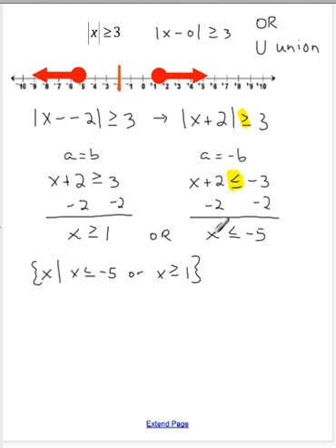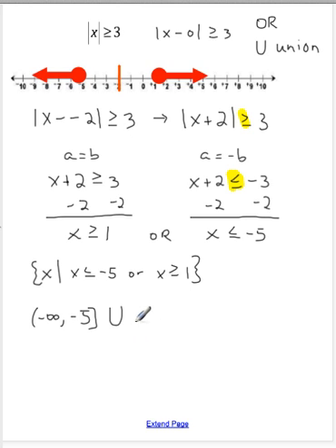And in our interval notation, so this is set builder notation here, in our interval notation, it goes all the way down to negative infinity. So negative infinity, non-inclusive, of course, because I don't really know what negative infinity would be. And it goes all the way up to negative 5, and that is inclusive on negative 5, so square bracket. And it's a union, so it's one or the other.